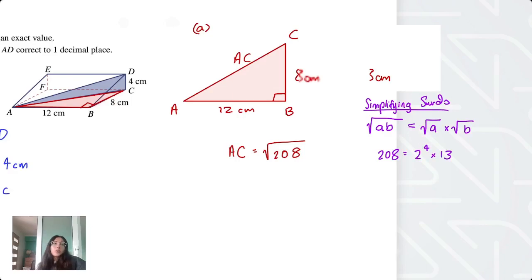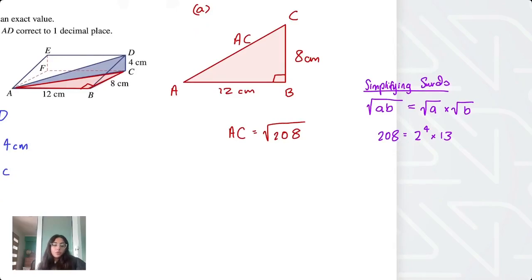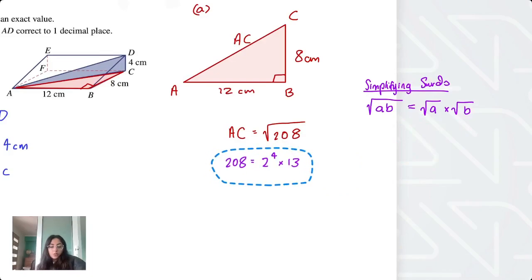So 208 equals 2 to the power of 4 times 13, right? So then I can say AC equals the square root of 2 to the power of 4 times the square root of 13.